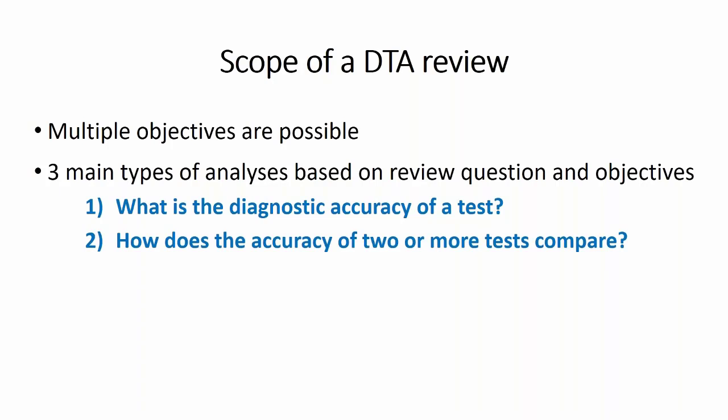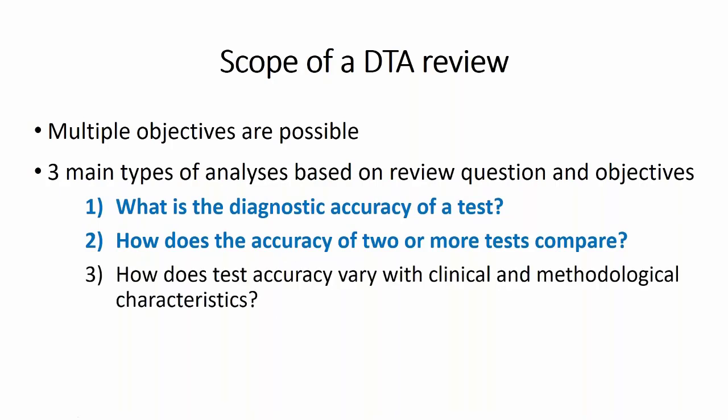Another question could be, how does the accuracy of two or more tests compare? And the third one is about how test accuracy varies with clinical and methodological characteristics. So this is really about investigation of heterogeneity.